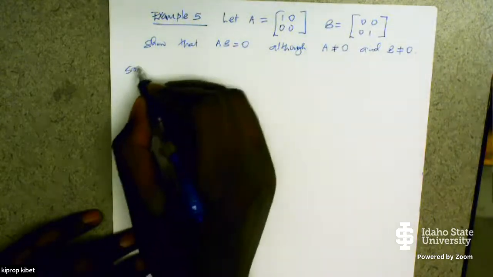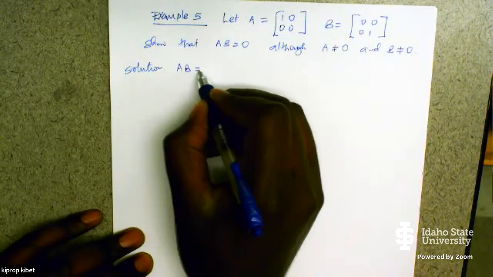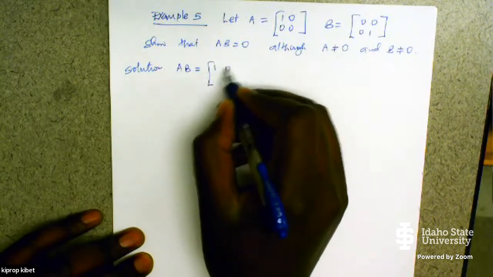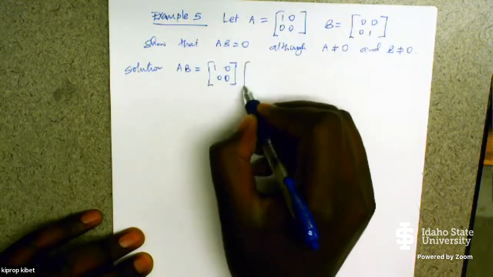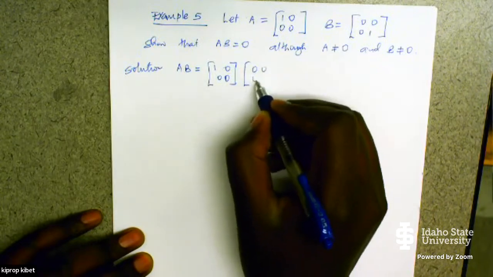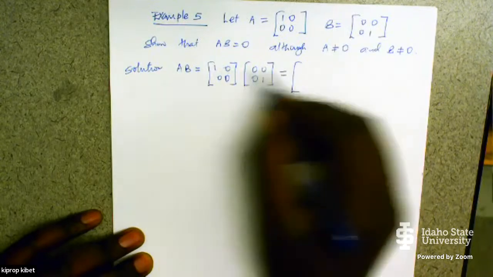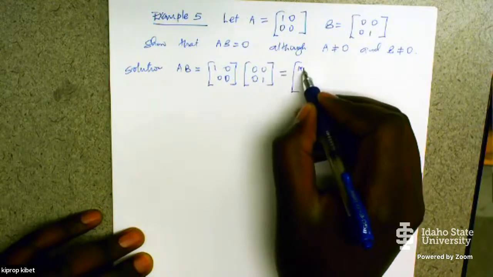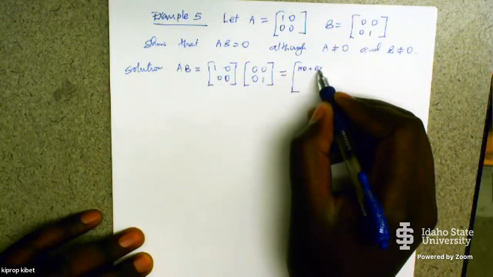So the solution is just the product AB, which is equal to 1 0 0 0 times 0 0 0 1. Then the product here will be 1 multiplied by 0 plus 0 multiplied by 0.